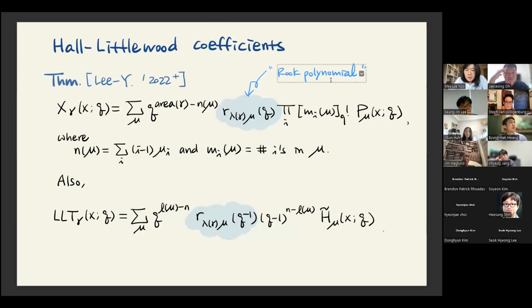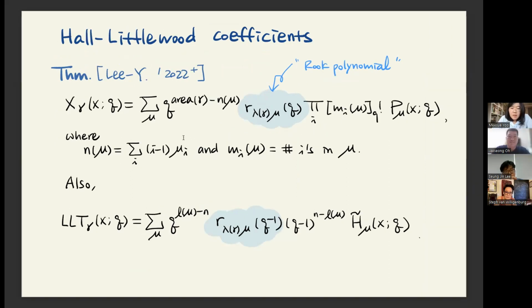By using this root polynomial, root cancellation, and root placements, we get the Hall-Littlewood expansion of unicellular LLT polynomials. And then the same polynomial gives the h-mu twiddle expansion of unicellular LLT polynomials, but with Q replaced by Q inverse. So that's the main theorem.